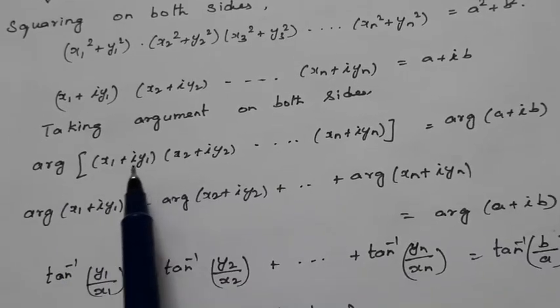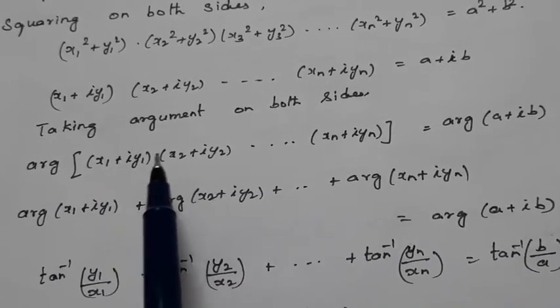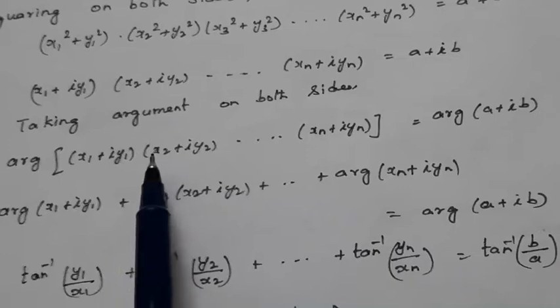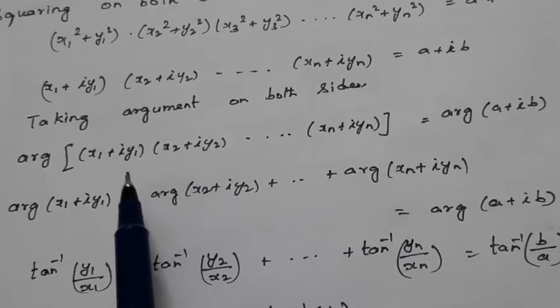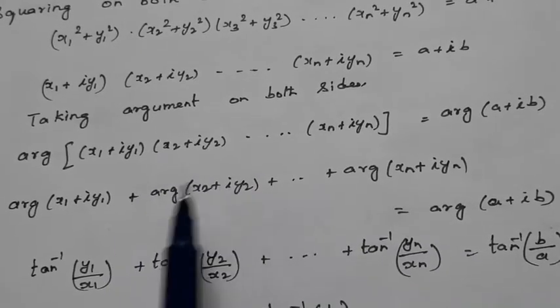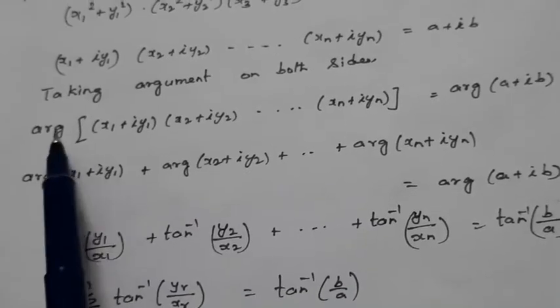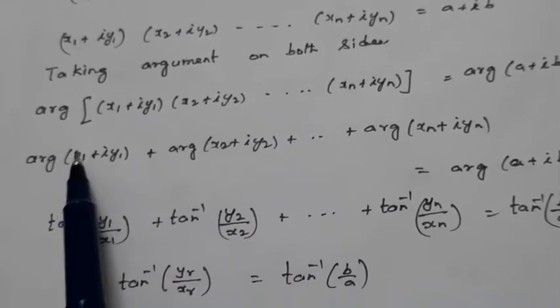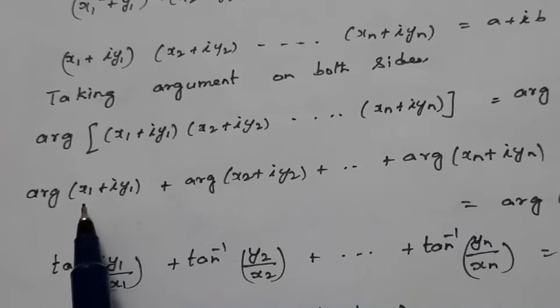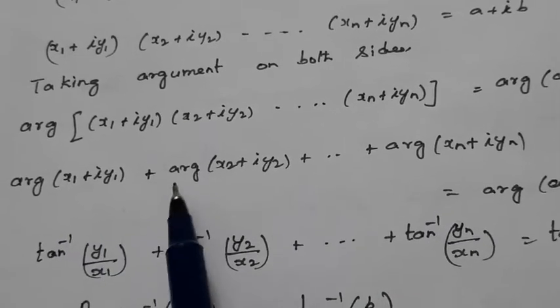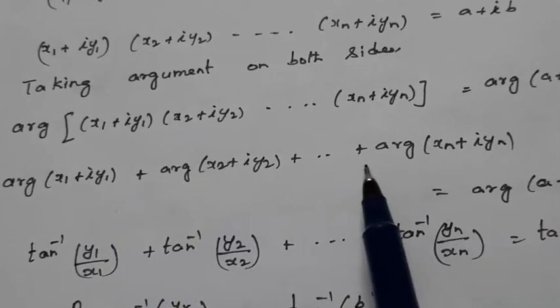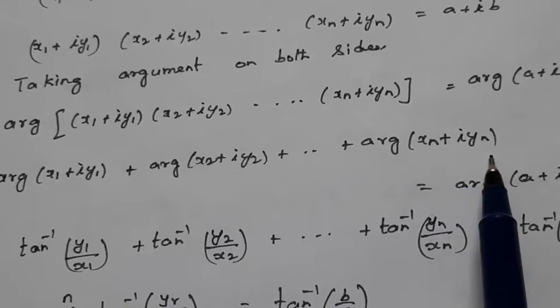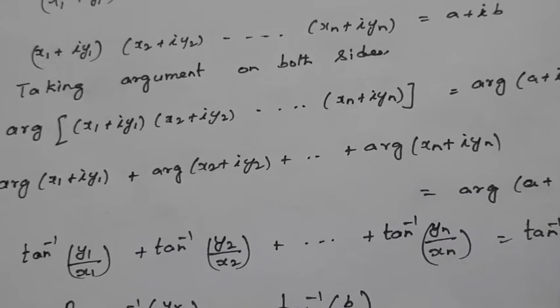So argument of z1 z2 is equal to argument of z1 plus argument of z2. This is not true only for two complex numbers; it is true for a finite number of complex numbers. So applying that, the argument of the product is equal to the sum of their arguments. So argument of x1 plus iy1 plus argument of x2 plus iy2 plus etc. to argument of xn plus iyn is equal to argument of a plus ib.